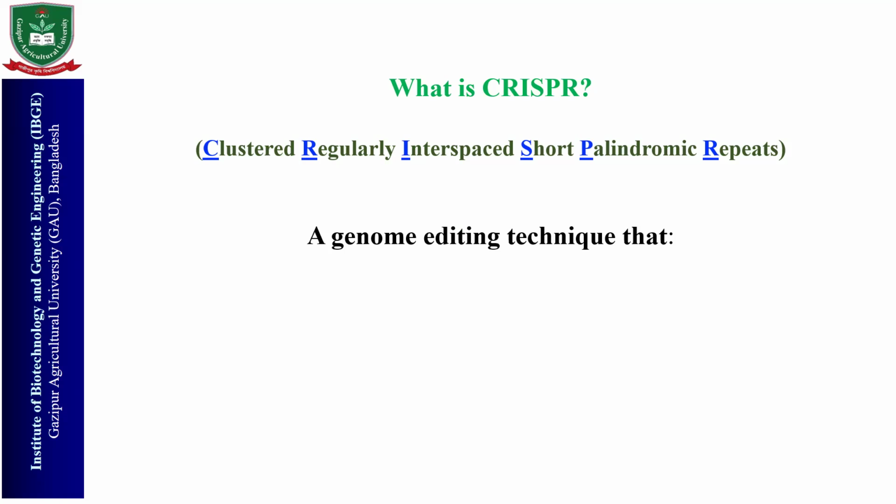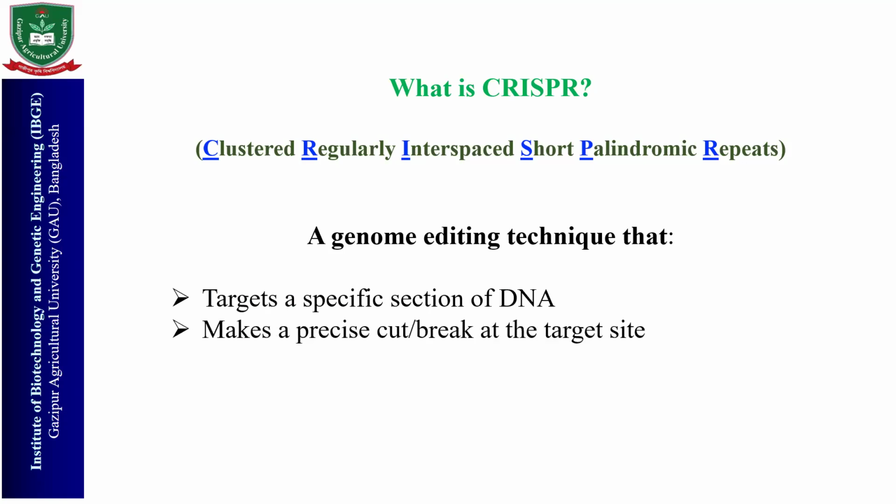Guide RNA you can synthesize. So this is a really amazing technique. What it primarily does is target a specific section of the DNA of the organism you are studying, and make a precise cut or break at the target site.